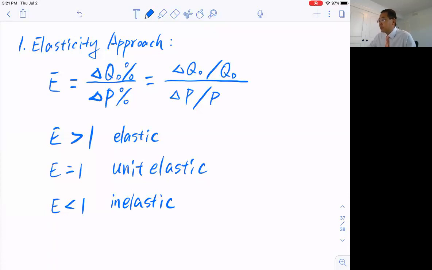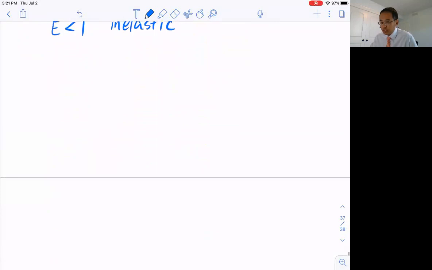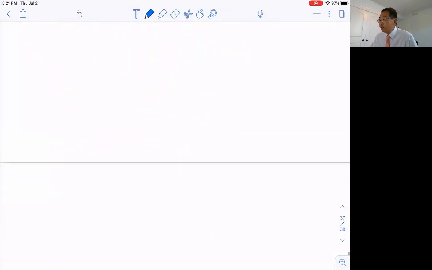Now, applying this to examining the effects of currency depreciation on trade balance, we use something called the Marshall-Lerner condition, okay?